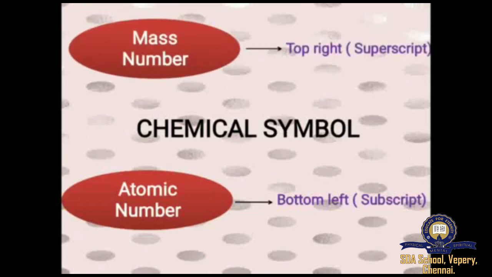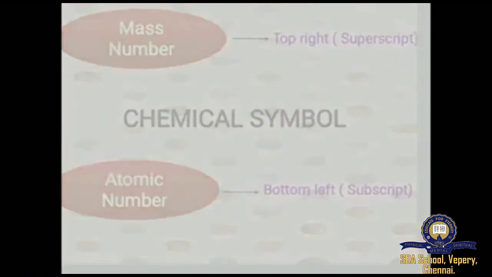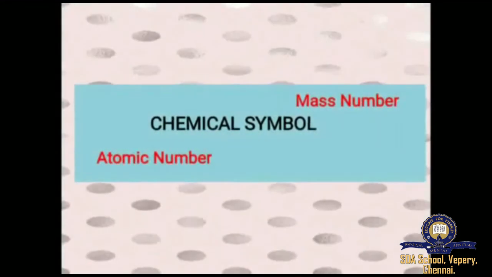Mass number will be written at the top right as a superscript. As you can see here, you should write the symbol here, the atomic number should be written here, and the mass number should be written here.